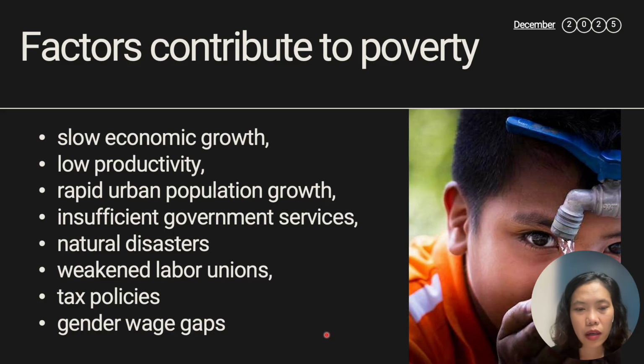Most of our fellow kababayan in Cebu, in Bacolod, have really experienced the disaster or the tragedy in relation to natural disasters. We have weakened labor unions. We also have tax policies that are still under debate or discussion with our mambabatas, and we also have gender wage gaps. So these are the factors that contribute to poverty.